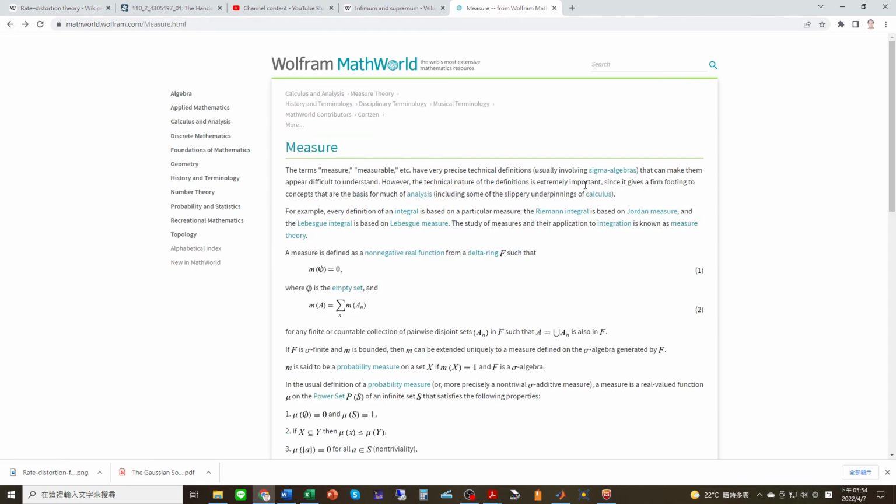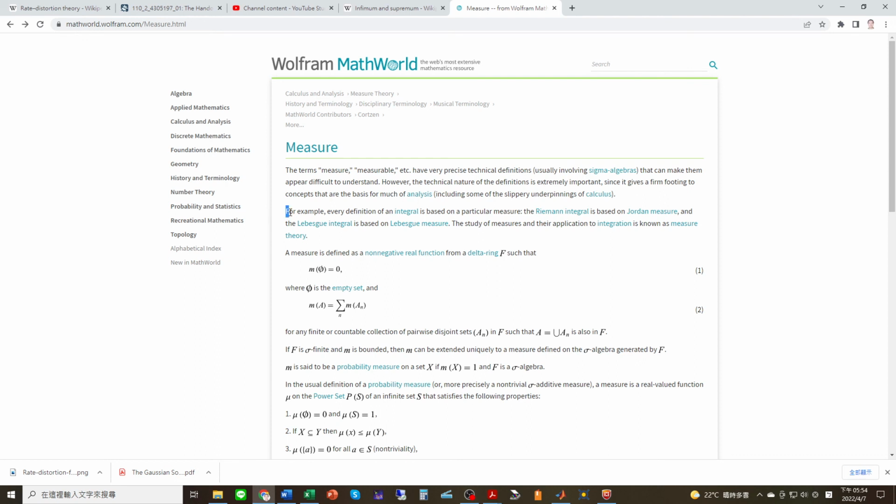Let us go back to the measure page. That can make them appear difficult to understand. However, the technical nature of the definitions is extremely important, since it gives a firm footing to concepts that are the basis of much of analysis, including some of the slippery underpinnings of calculus.